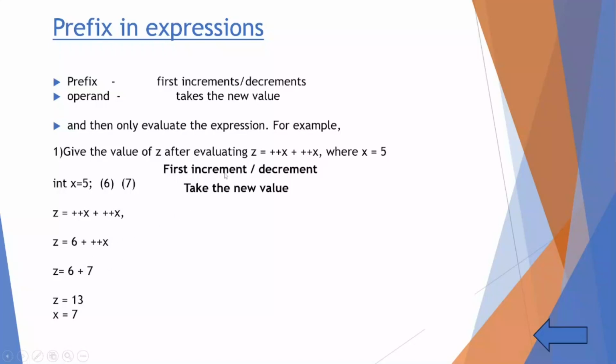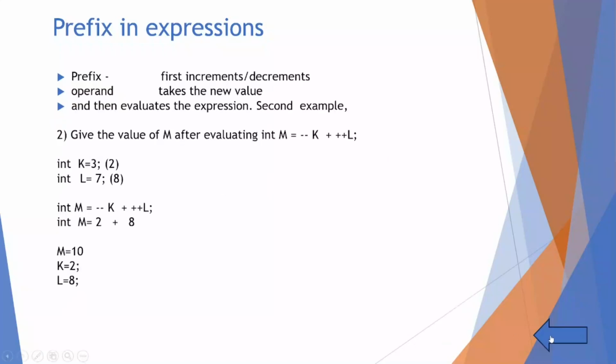So first increment, 6 became 7 because this is permanent now, and then take the new value. And only then evaluate the expression. So 6 plus 7 is 13 and x is finally 7. If we print z and x, these values, that is 13 and 7, would be printed.